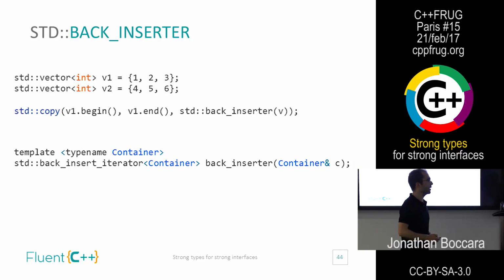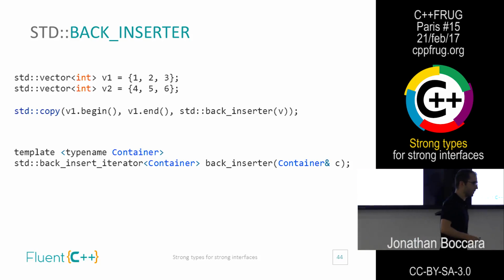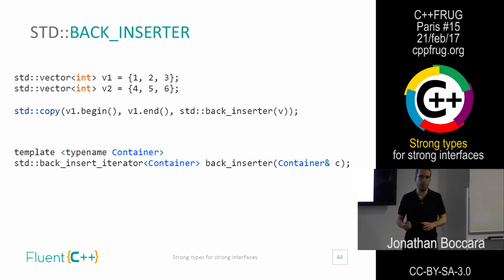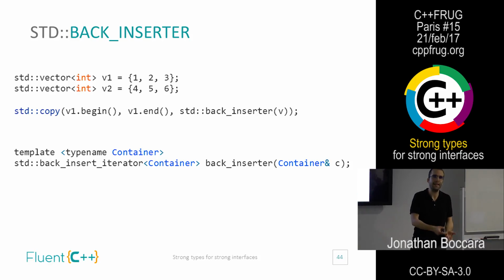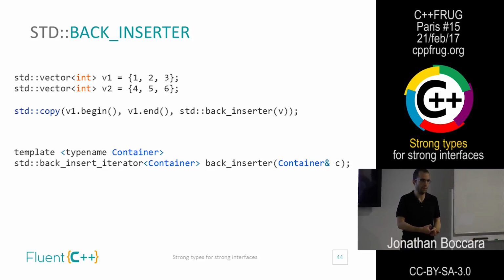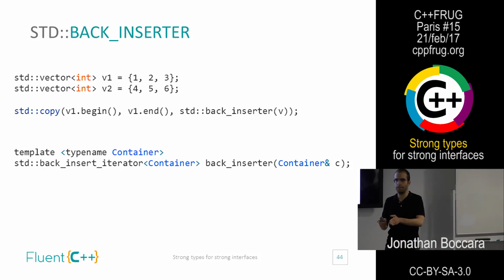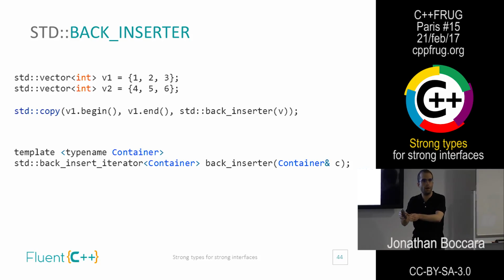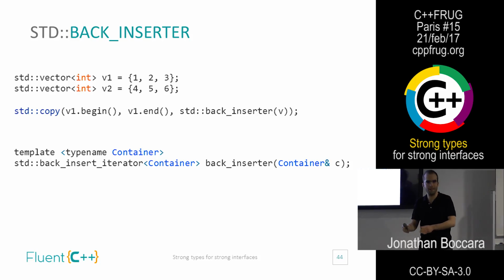back_inserter is a function that builds an iterator, and that iterator is bound to a container, typically a vector, that can accept to be pushed back into, right? So when you assign through that iterator, the value you're passing is actually sent to push_back of the vector you bound to. Does it make sense?